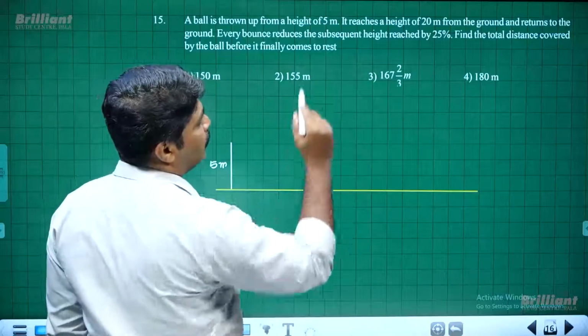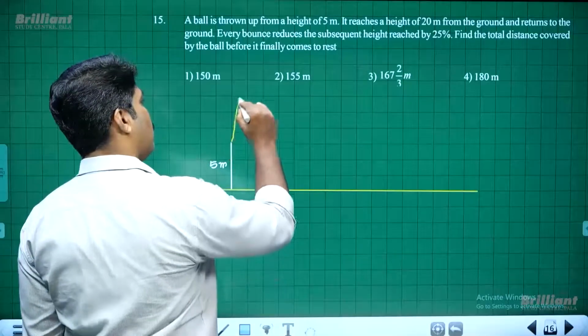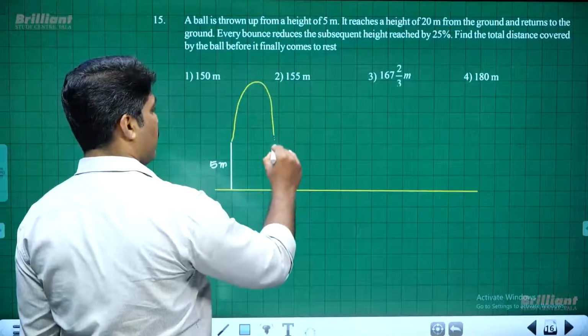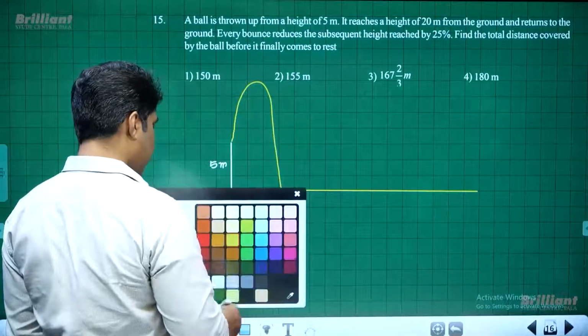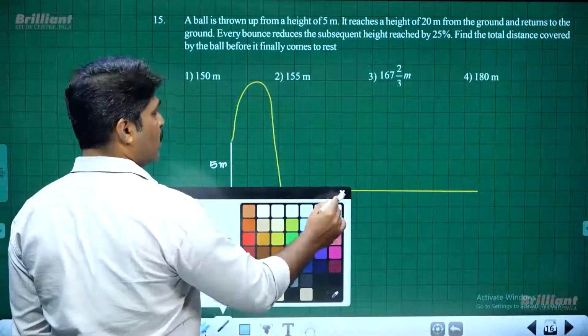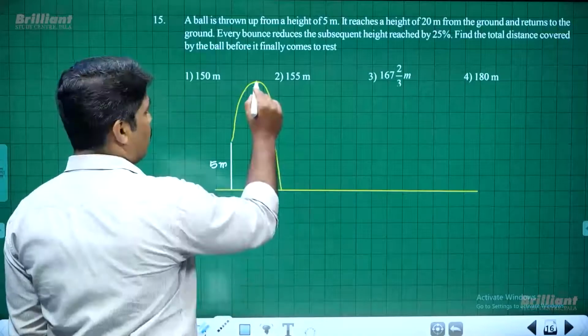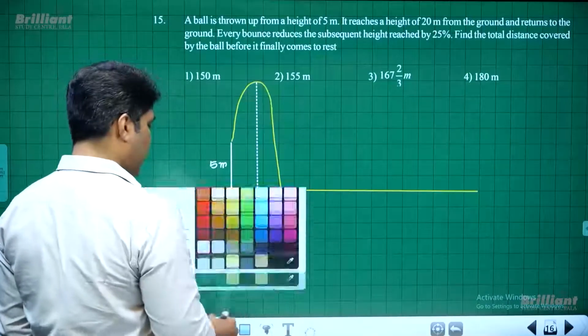It goes to 20 meters from the ground, so it is thrown like this and hits here. So this height is 20 meters.